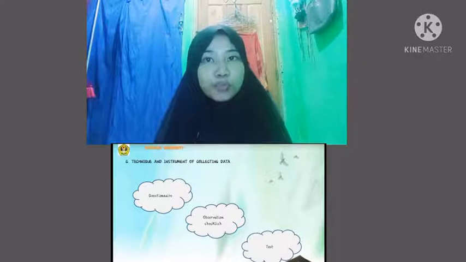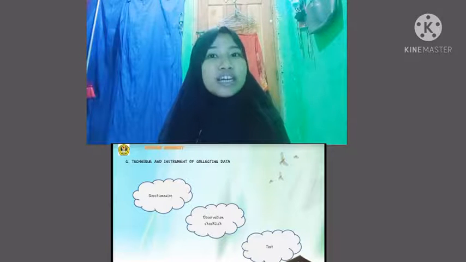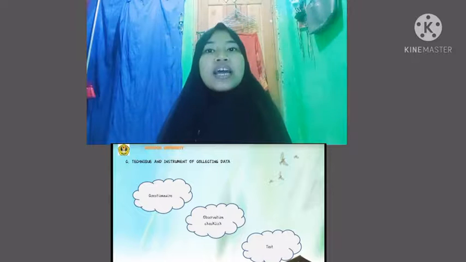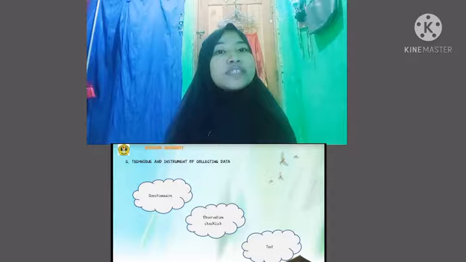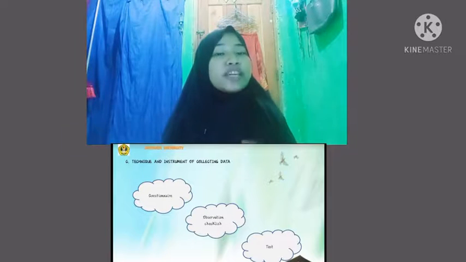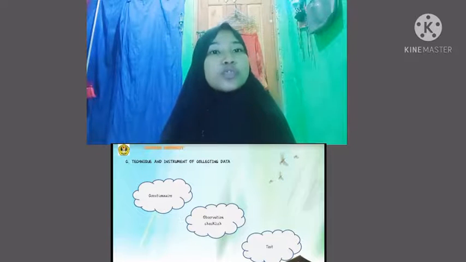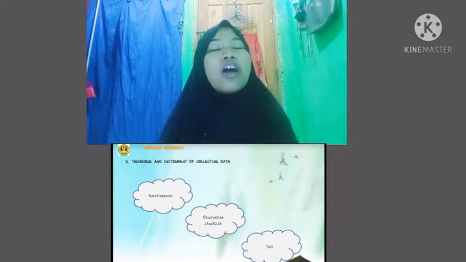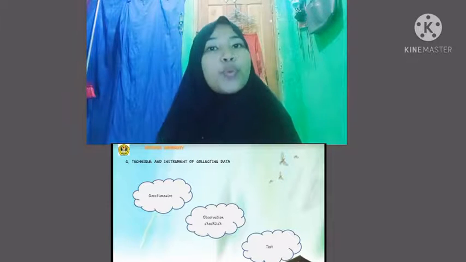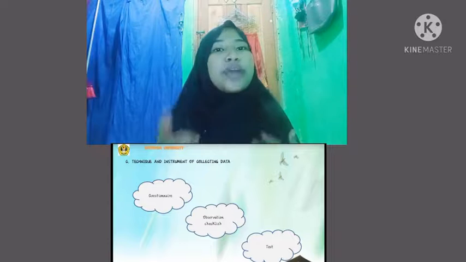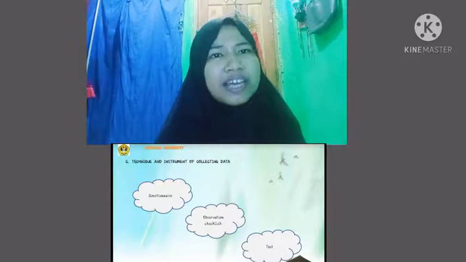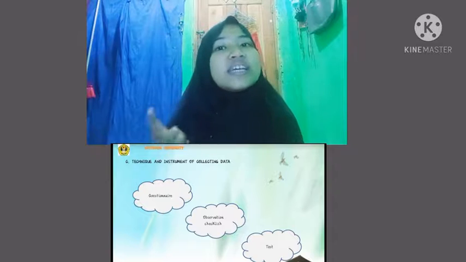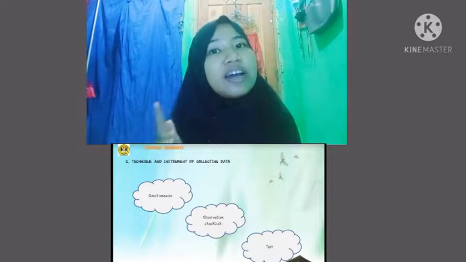Number 2. Observation checklist. The data will be collected by using observation. Observing is the way to collect the data or information by observing and making field notes systematically according to the observing aims.